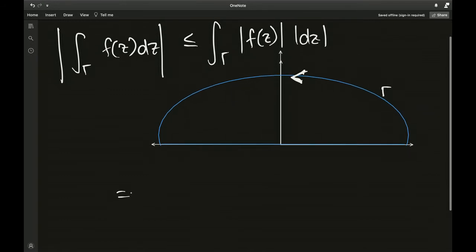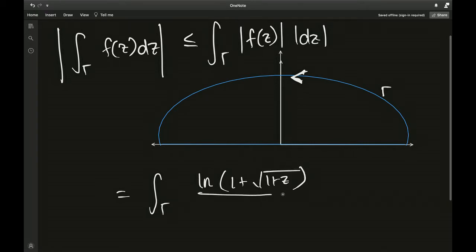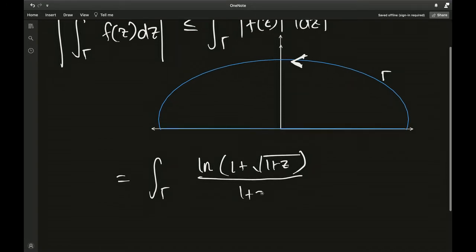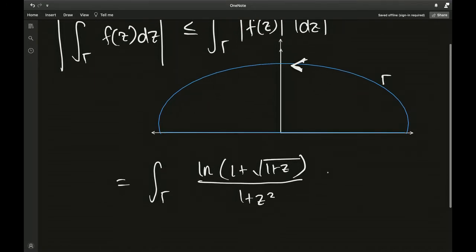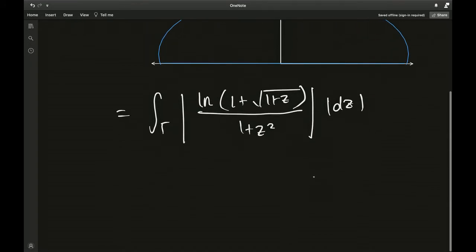Now I would like to just substitute stuff. The integral over gamma of the mod of natural log of 1 plus square root of 1 plus z divided by 1 plus z squared, mod dz, and mod is here as well. So now I'm going to do a parameterization.